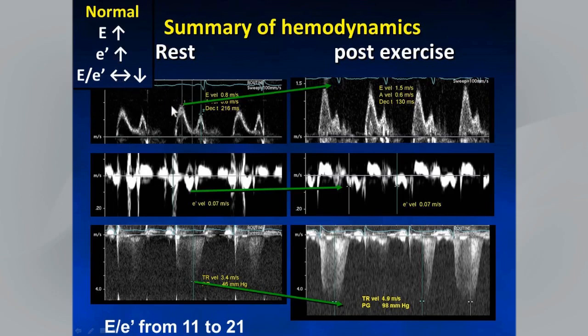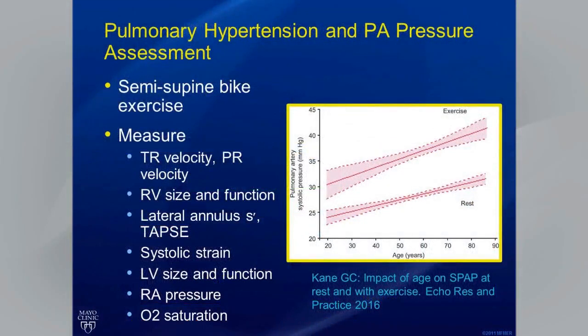But here we have a marked increase in E to E prime ratio and an increase in tricuspid regurgitation velocity. And I think this all corresponds to the patient having significant diastolic dysfunction and some mild pulmonary hypertension that account for her exertional symptoms.